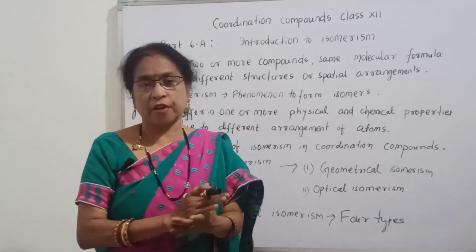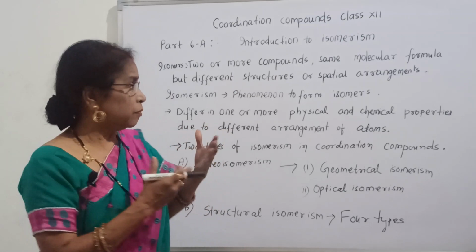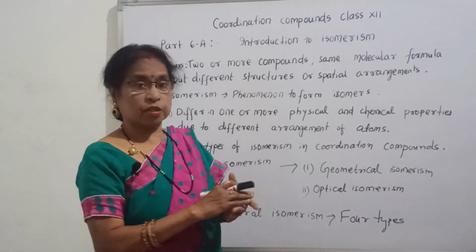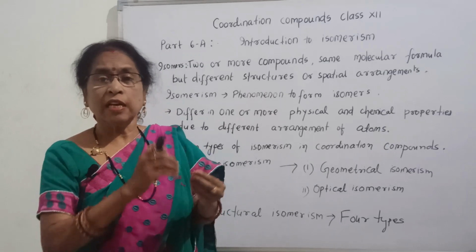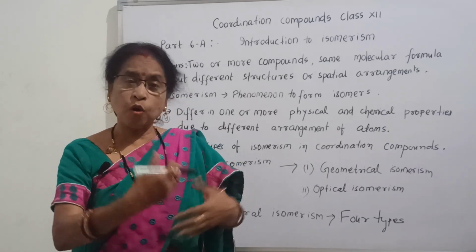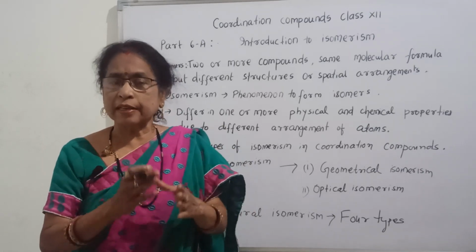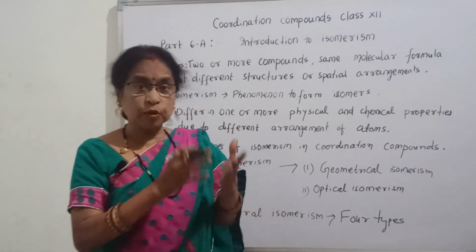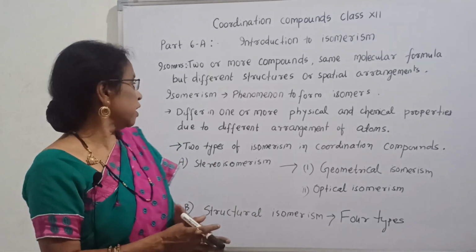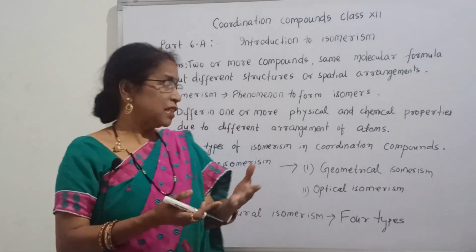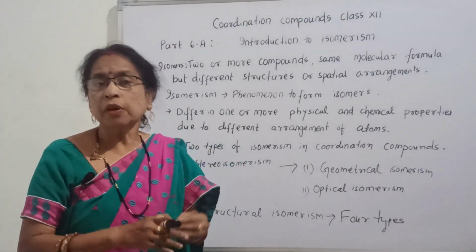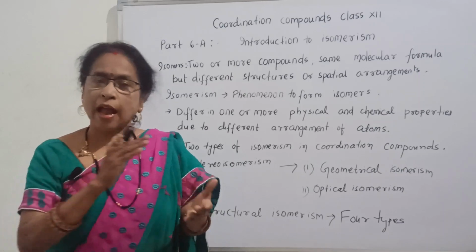They are called isomers because they have different structures. The phenomenon of producing different types of isomers is called isomerism. I hope it is clear. And why are there different chemical and physical properties? Because of the different arrangement of atoms.